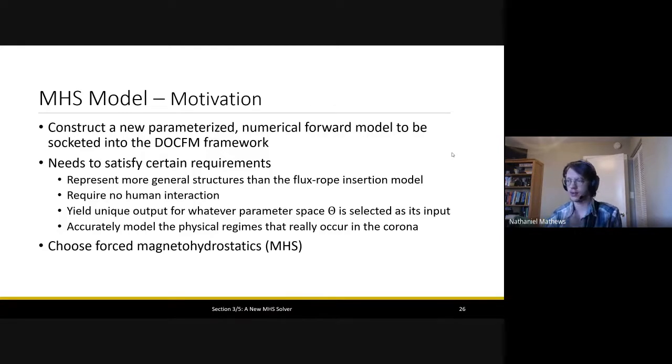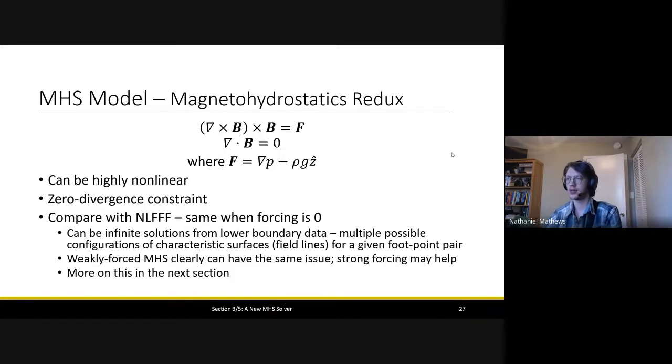We want to be able to have a part of it that can be changed by the search optimization routine. So we're going to use forced magnetohydrostatics. And this right-hand side, this is magnetohydrostatics, just to recall. This right-hand side of the plasma forcing, that's the part that we'll parameterize. So in general, you might say that it's kind of unrealistic to build a forward model of the corona where I assume that the plasma forcing in the corona is known.